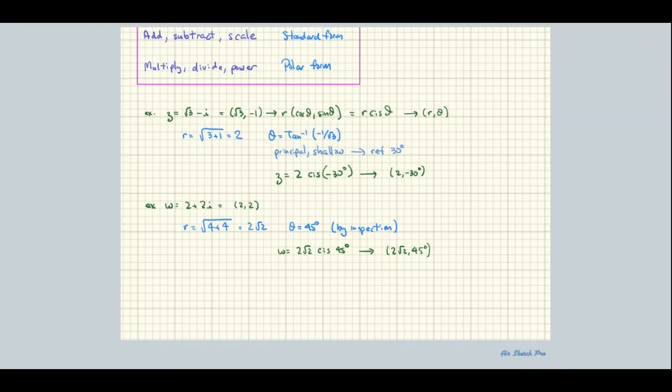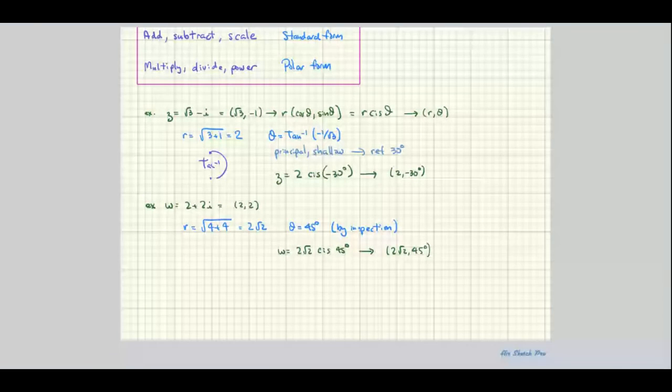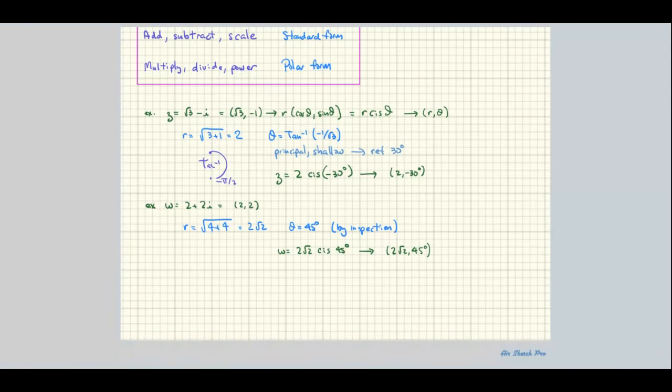Now remember, the principal arctangent on your calculator returns results from negative pi over 2 to pi over 2, because arctan goes along with arcsine, and sine is a y thing.